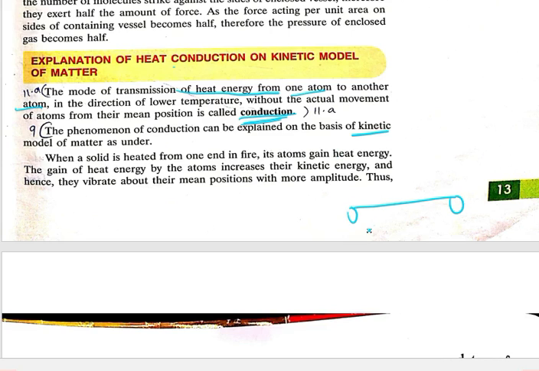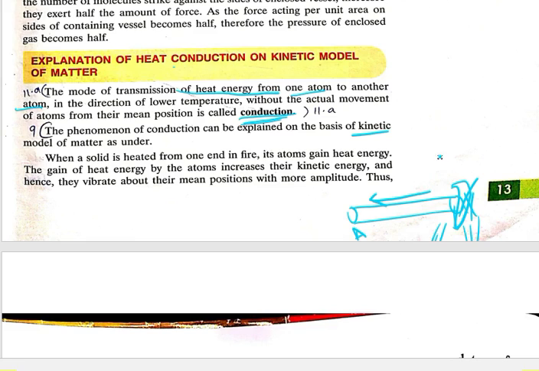Suppose this is an iron rod, and we have burned one end. Now this end will get heated and the heat will transfer from the higher temperature to the lower temperature, because after some time at the other end, end B, we will feel some hotness.